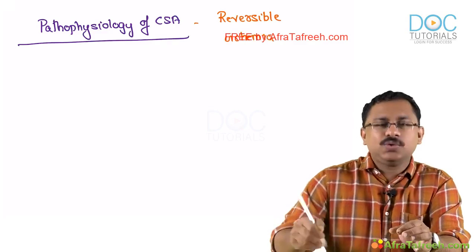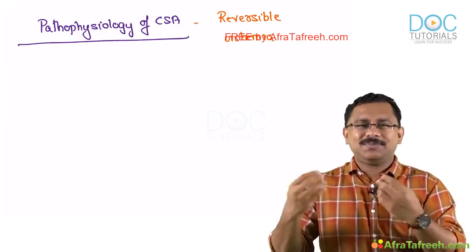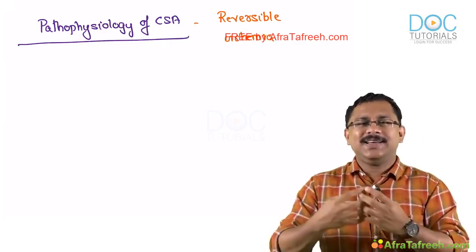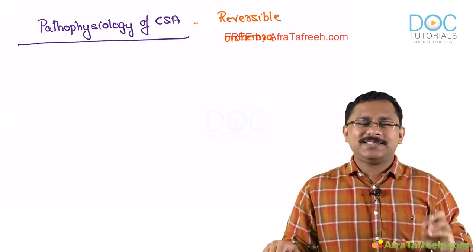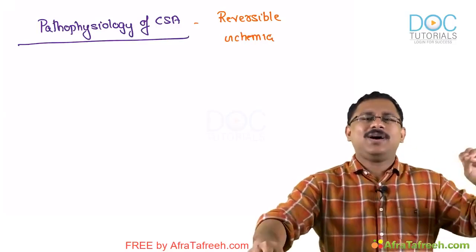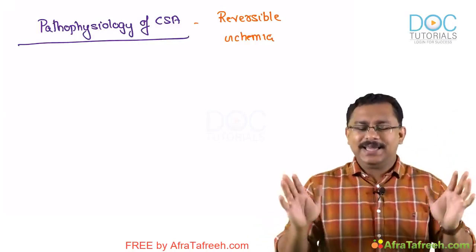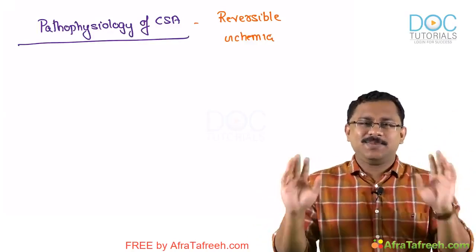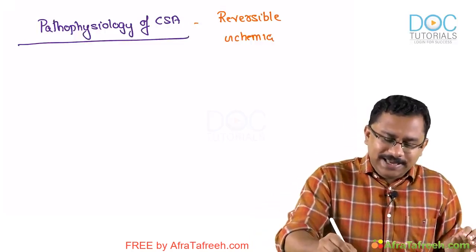In contrast to the acute coronary syndromes, where you have plaque rupture, erosion, ulceration leading on to a more fatal consequence, this is more of a reversible ischemia. That can occur because of any of the mechanisms that we have learned in IHD, but whatever it is, it is a reversible ischemia.